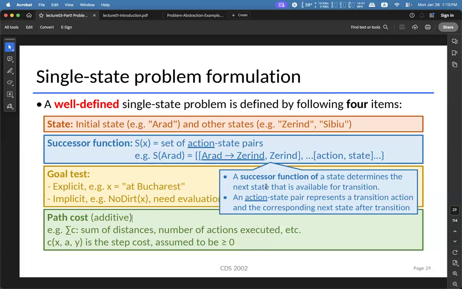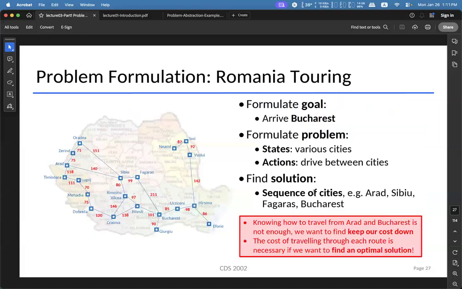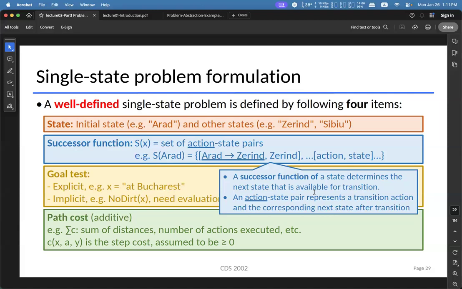When you take a look at graphs in data structure, they will tell you that we represent the network structure of a graph by recording all the neighbors of each node in the network, and then we store the information of each node in a data structure. That is substantially the same as the successor function.